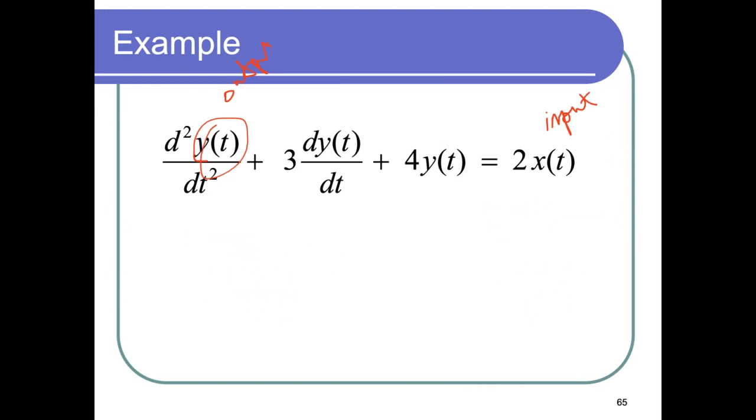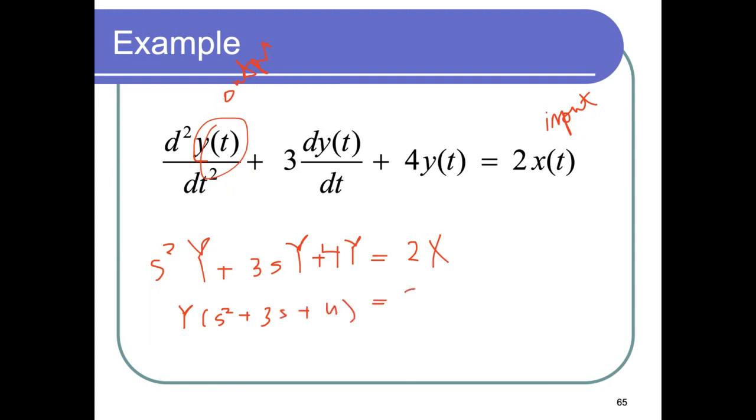So how do we get the Laplace transform of this ODE? It's very straightforward. We have a double derivative here, so we have s squared y plus 3sy, because we have one derivative, plus 4y. This is equal to 2x, right? So take y as a common factor. We have s squared plus 3s plus 4 times y is equal to 2x, right?